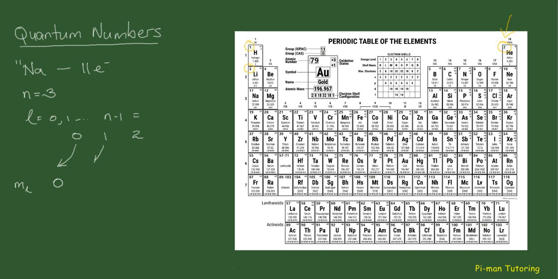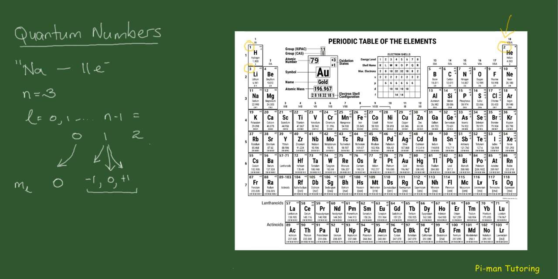When L is equal to 1, however, we can have a minus 1 value of ML, a 0, and a plus 1. So this L level spawns 3 separate sublevels.